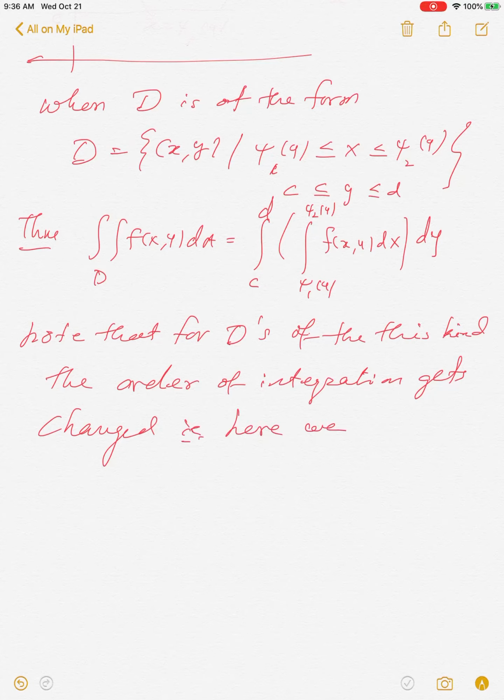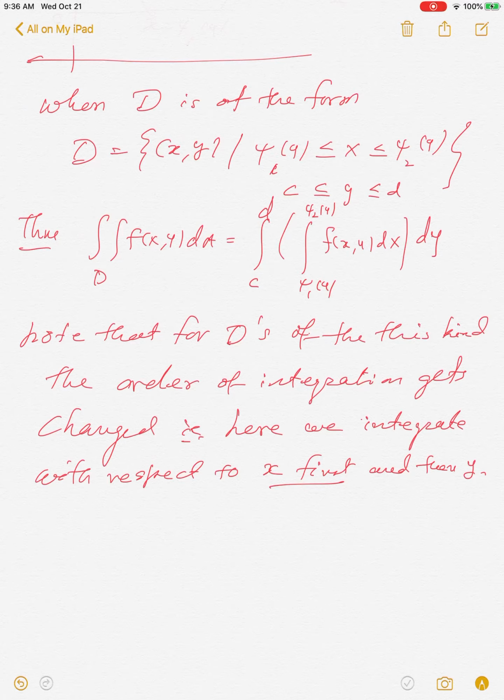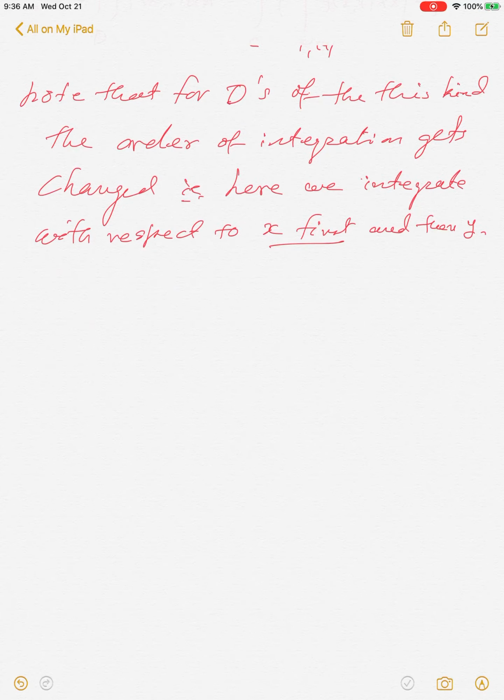That is, we integrate with respect to x first and then y. Let me give you an example of such a thing. Depending on the problem, when you look at the region, you can see whether it is advantageous to view it as a region of the first type or of the second type. I call it first kind and second kind.